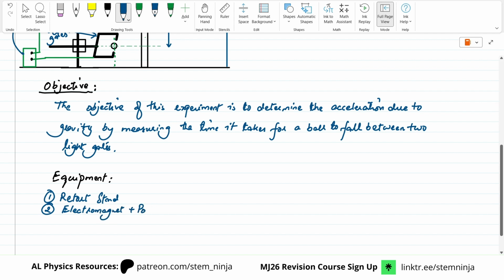And you will also need a DC power supply to power that electromagnet. You will need a switch and cables. Then you need two light gates plus a data logger.